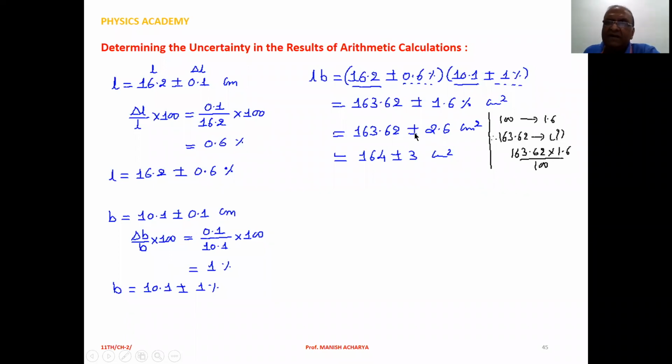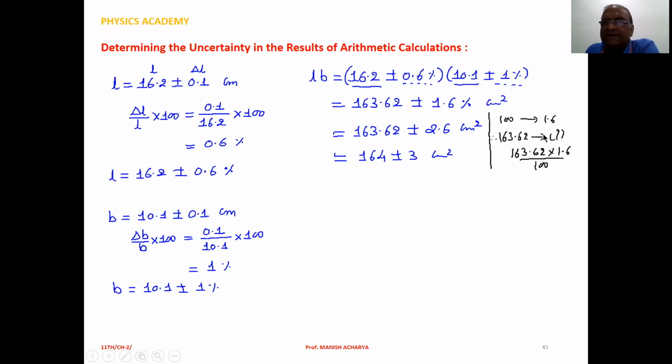And in multiplication or division, we discussed that the relative error or percentage error in the final result will be summed up. So 0.6% and 1% are summed up here, that is 1.6%. Clear?